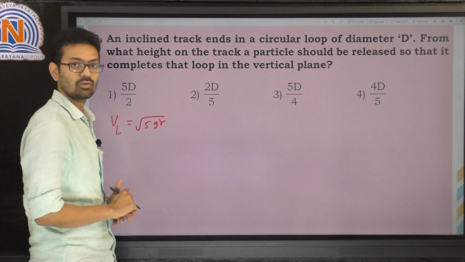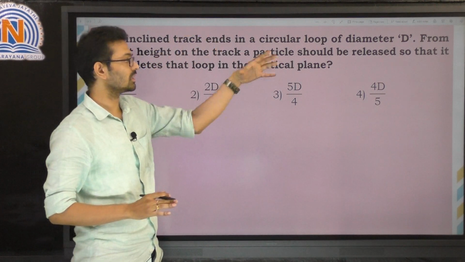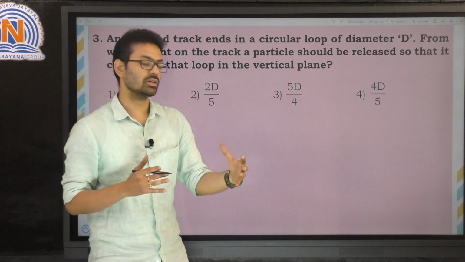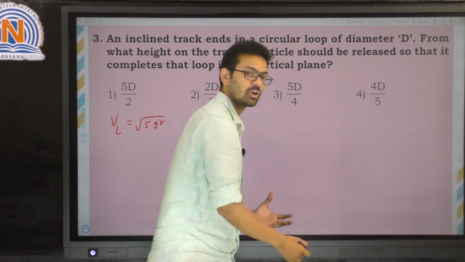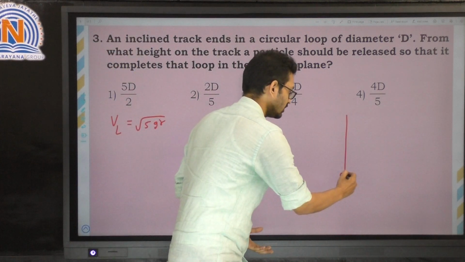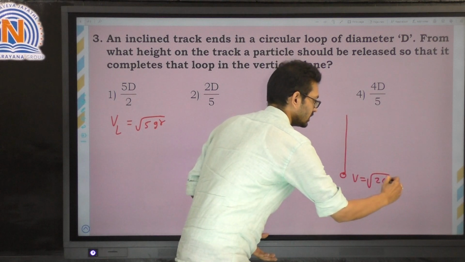Now they have asked us to relate it with height. When you go with a freely falling body or a vertically projected upward body, your velocity at the lowest point will be equal to root 2gh.